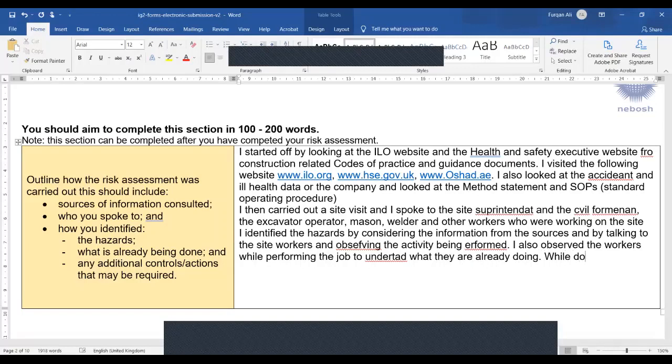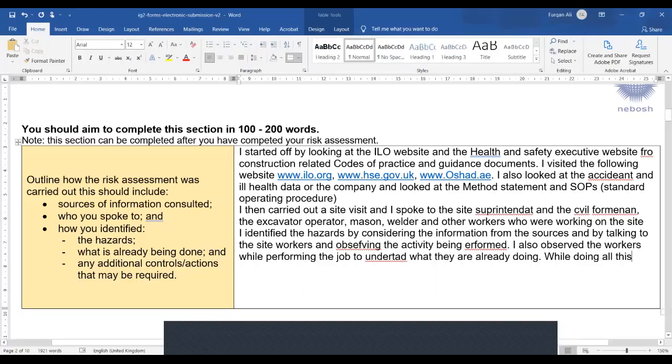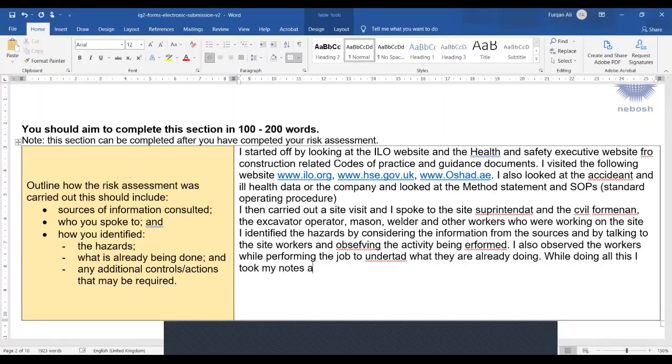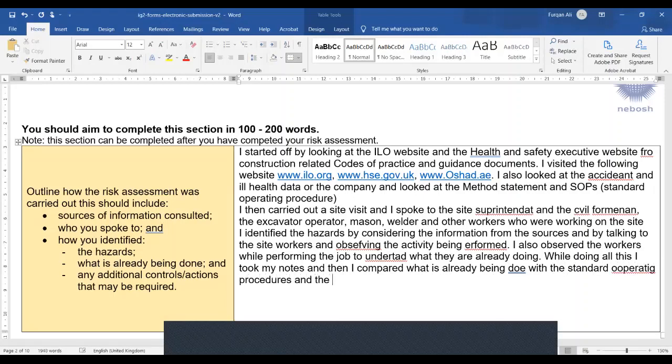While doing all this, I took my notes and then I compared what is already being done with the standard operating procedures and the requirements mentioned in the codes of practice.